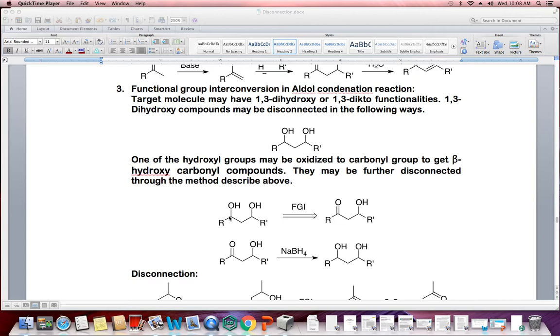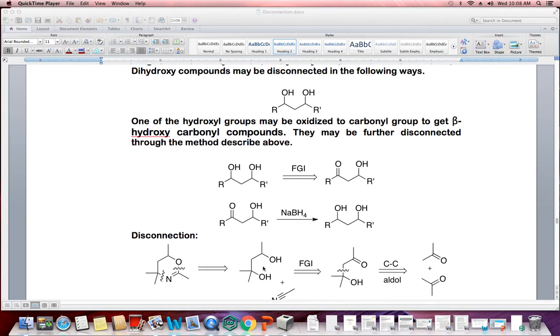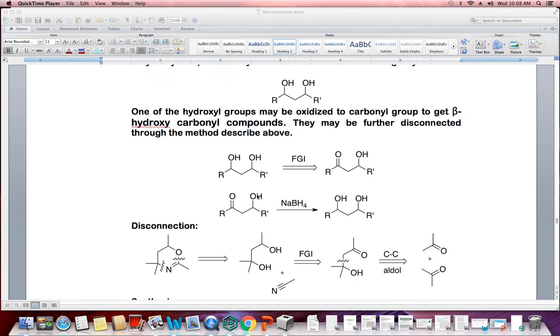When one of the hydroxyl functionalities is converted into a carbonyl compound, this is our 1,3-diX compound, and this is the product of aldol condensation reaction, which is beta hydroxy aldehydes. For the disconnection of this compound, we will do disconnection at the carbon-carbon bond next to hydroxyl functionality. We will disconnect over there, and we will get aldol product.